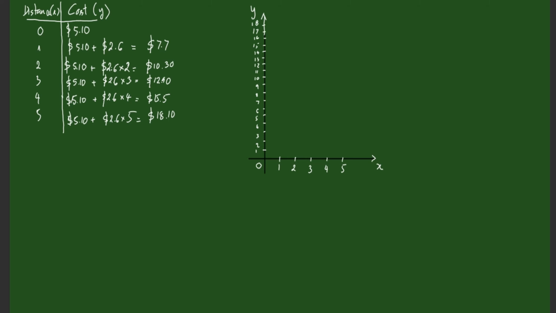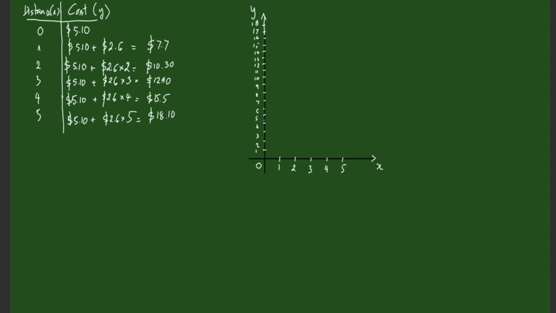Okay. Alright, so for the first one, let me use a different color. Let me use this color here. So for 0 we have 5.10. So 5.10 is around right over here. So the first point is here. We just estimate, okay?